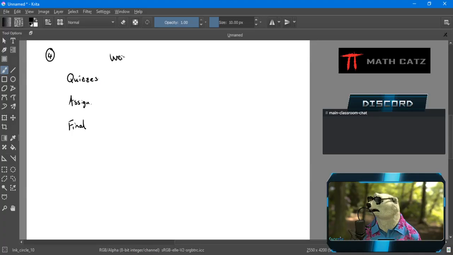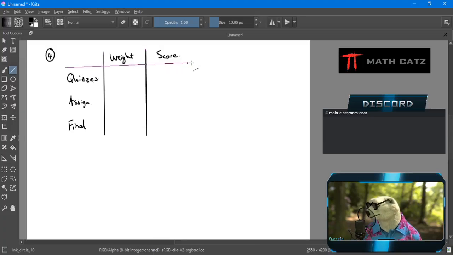We have our weights, which is the contribution. And then we have our score, which may or may not require some calculations. That looks nicer. So we still have our 40, 10, 50 breakdown for the weights.